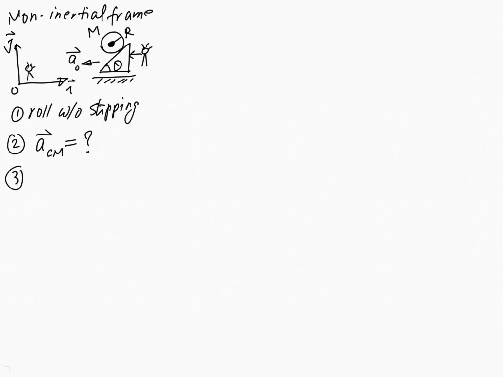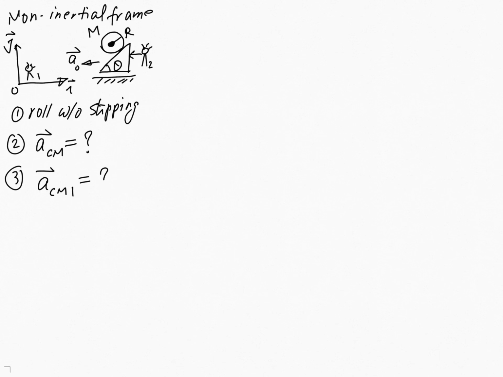For that observer, this is observer 1, this is observer 2, he will see that the cylinder is rolling along the slanted surface. And let's assume that the observer in that frame will observe the cylinder's center of mass rolling along the surface with acceleration we call A1, A center of mass 1.